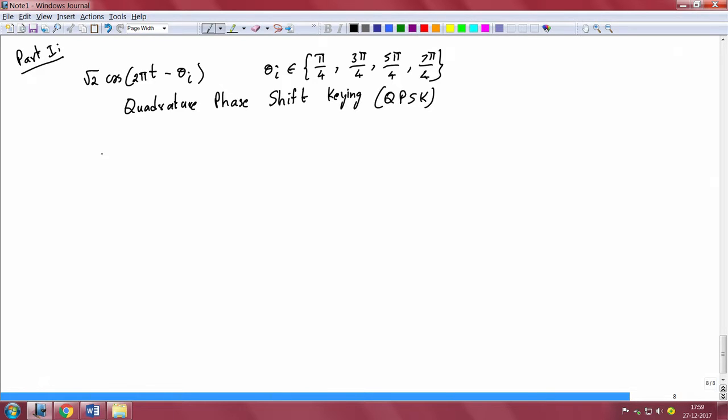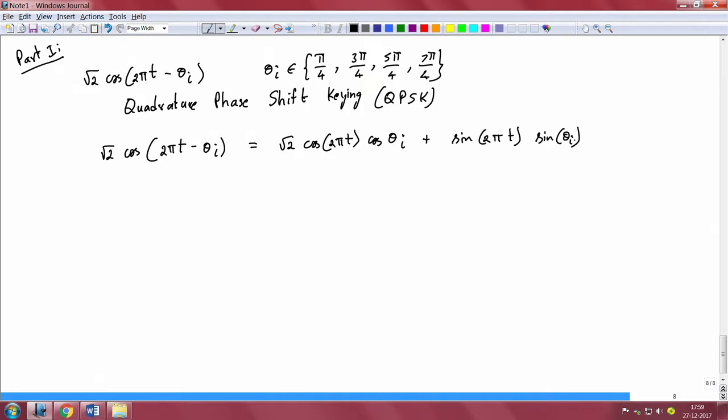So, we can expand this cos term as root 2 times (cos 2 pi t cos theta i plus sin 2 pi t sin theta i). This cos theta i and sin theta i are dependent on the signal i.